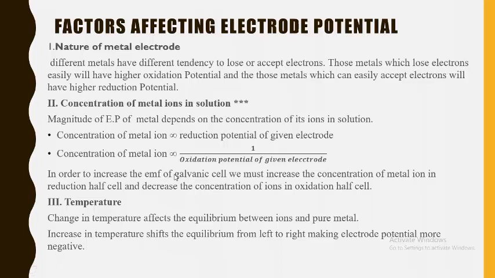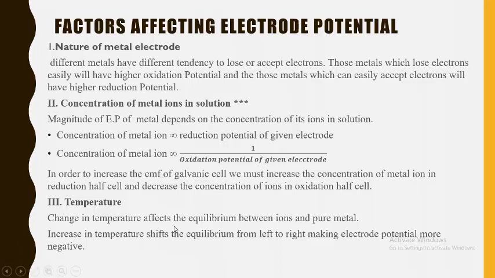Therefore, in order to increase the EMF of a galvanic cell, you have to increase the concentration of metal ion in the reduction half cell, and simultaneously decrease the concentration of ions in the oxidation half cell.